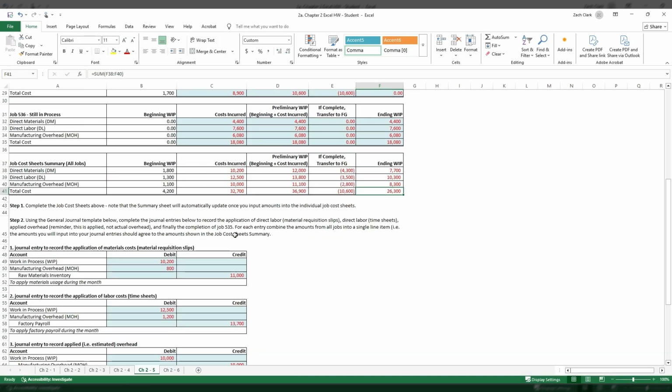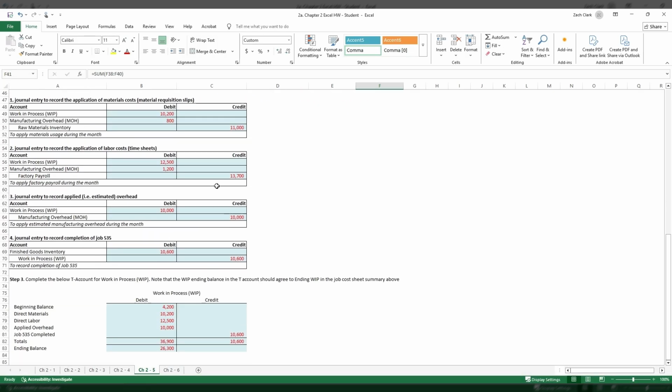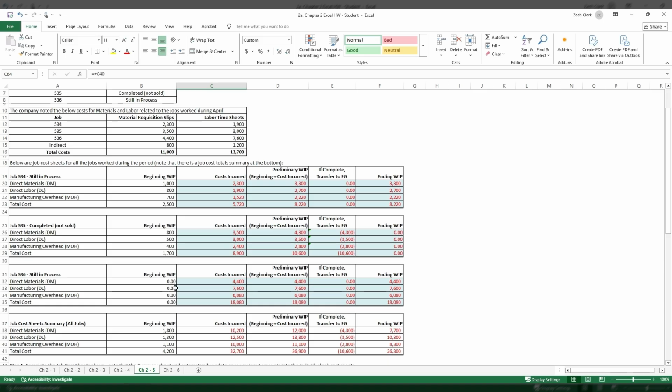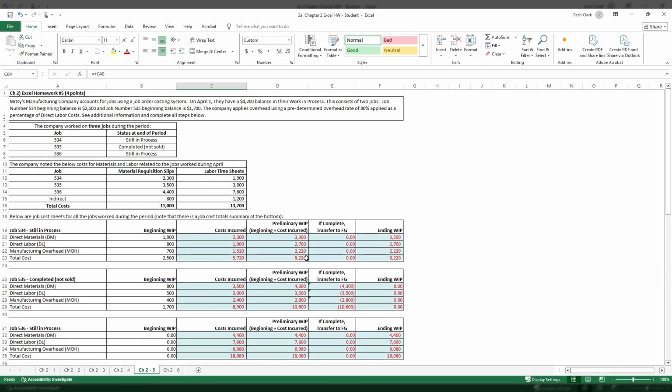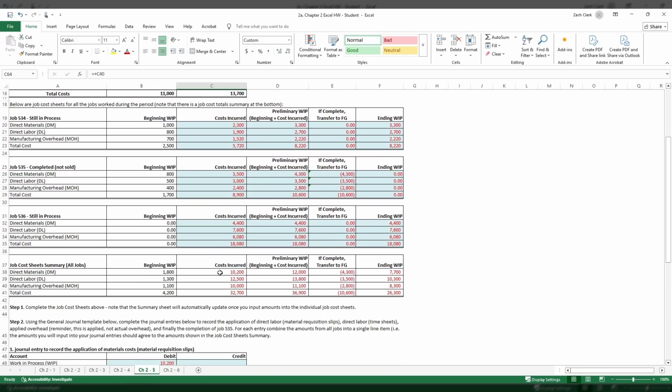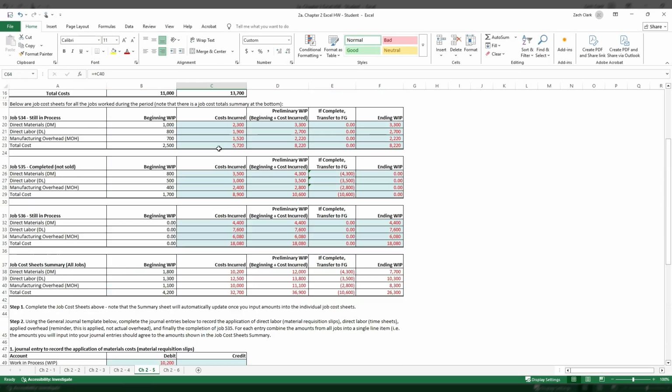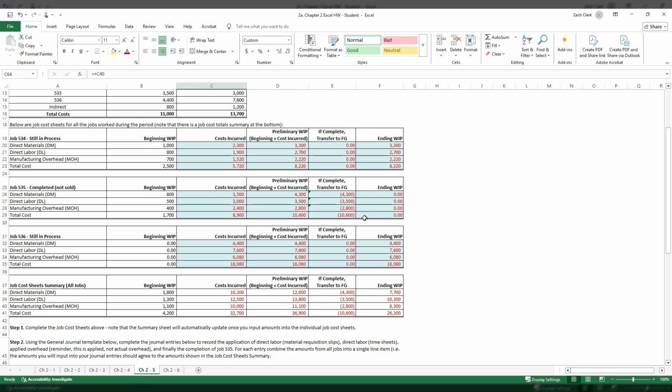And then we come in as the accountants and figure out how to translate all that into inventory costs and what state the inventory's in. Is it raw materials, WIP, finished goods? We're accounting for estimated overhead and all this stuff. And so, yeah, you can never get away from the debits and credits really, but this is just how we use that to reflect in our financial records what is the detail captured on those job cost sheets.